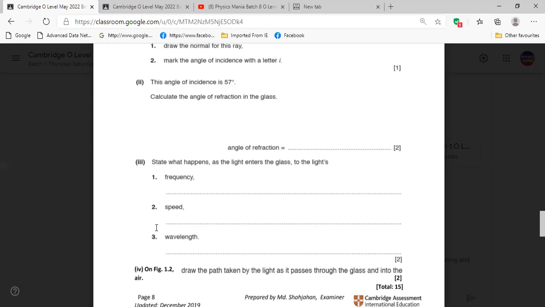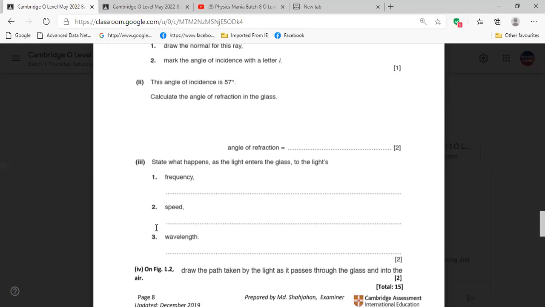Speed decreases. Excellent. Then wavelength? Decreases, yes. So if it is going to glass, frequency remains same, speed decreases, wavelength also decreases.